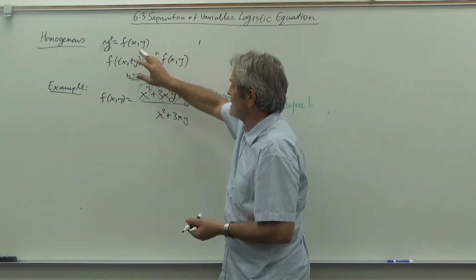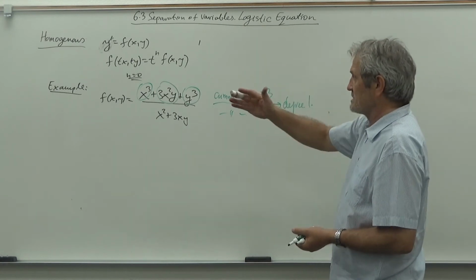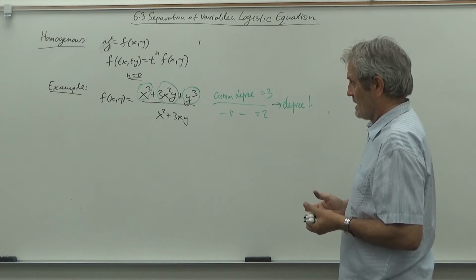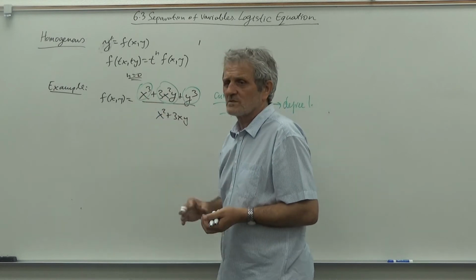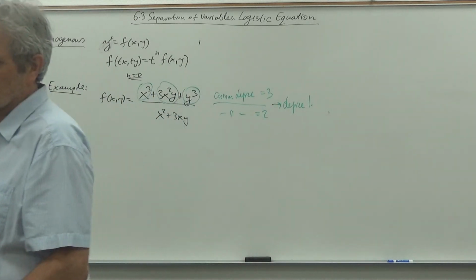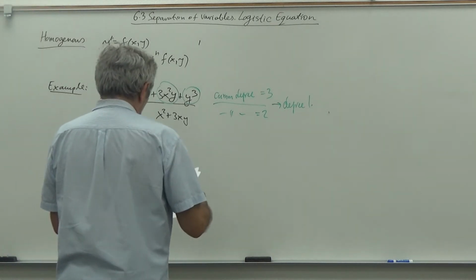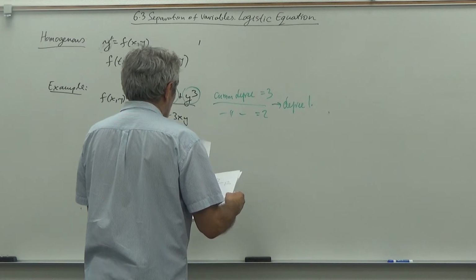That's the degree, that n. If you plug in tx, ty, there will be t cubed on top and t squared on the bottom. Altogether, there will be an extra t, and that makes it homogeneous of degree 1. As I said, in differential equations, we usually deal with homogeneous of degree 0.